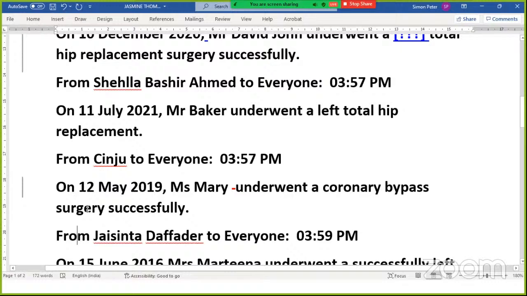When you write the word surgery, Sinju, hello Sinju, can you unmute? Yes, sir. Just now I told you, whenever you write surgery, surgery is uncountable. So do not write A with the word surgery.